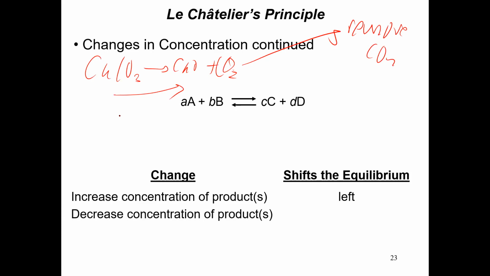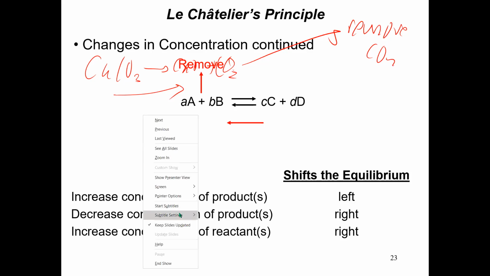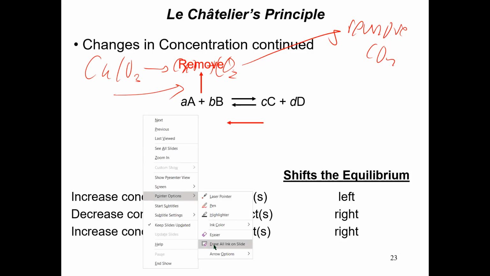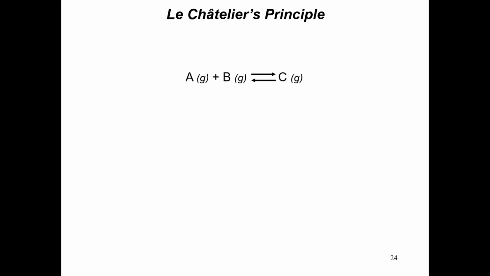Decrease the concentration of products, it shifts it to the right. If you add to the left, increasing the concentration of reactants, it'll push it to the right. If you remove reactants, it'll push it to the left. Decrease the concentration of reactants, that'll drag it to the left.